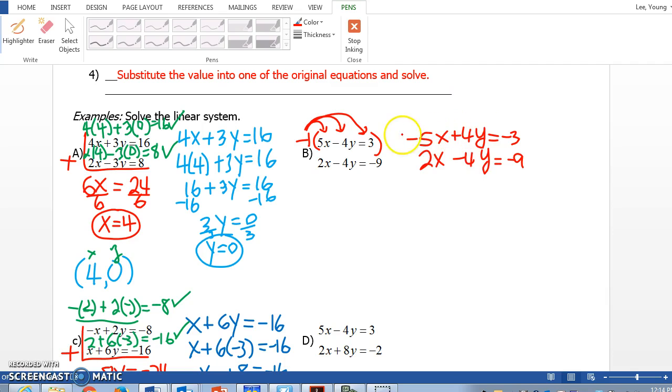So now we're going to add those two equations. -5x plus 2x, combining like terms, is -3x, equals -3 plus -9, which is -12. Once you do that, you divide by -3, so x should be equal to 4.